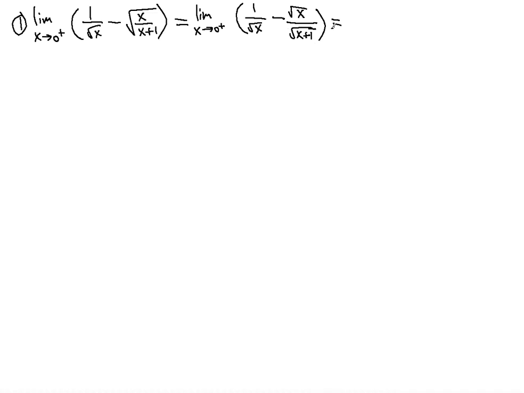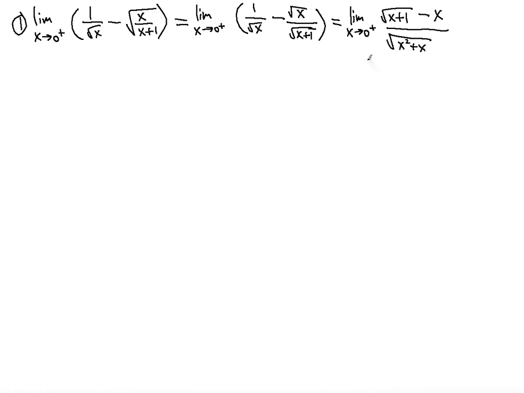That's the LCD. So we can rewrite this as square root of x plus 1 minus x, because square root of x times square root of x is just x, divided by square root of x squared plus x.